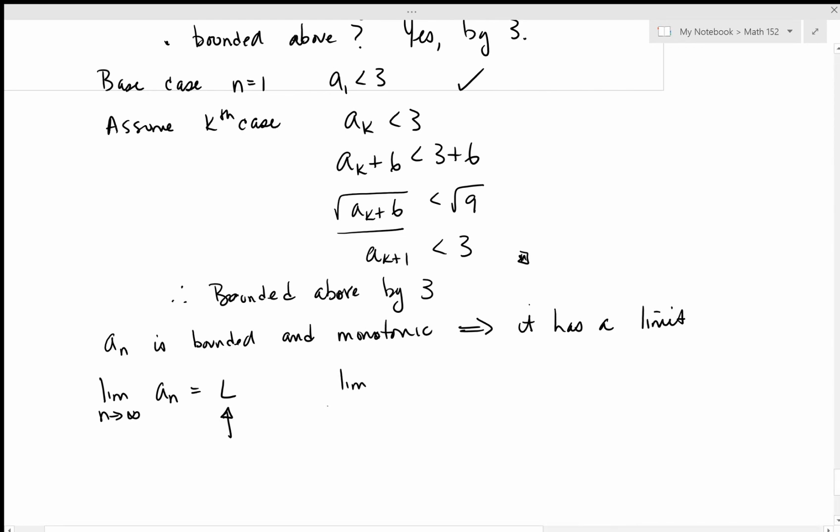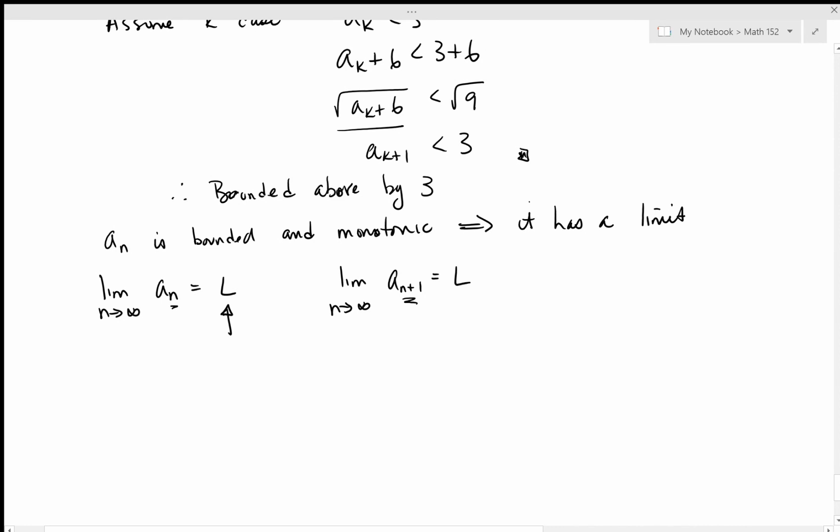Then I can tell you that the limit as n goes to infinity of a_{n+1} is equal to L. Because as n gets big, it doesn't matter if you're doing the (n+1)th or the nth one. They're both going to be that same limit, as n is going to infinity. So let's take this here. The limit as n goes to infinity of a_{n+1} is going to be equal to the limit as n goes to infinity of the square root of 6 plus a_n, because that's what a_{n+1} is.